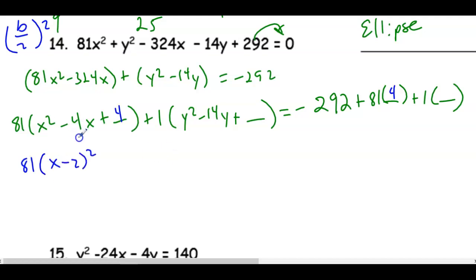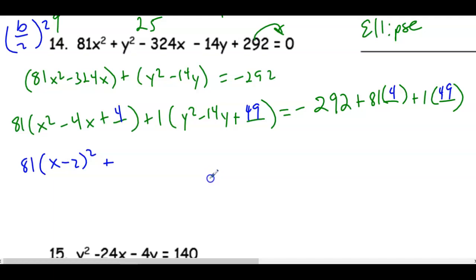Alright, negative 4 divided by 2 is negative 2. Over here, we're going to have y squared minus 14y. Negative 14 divided by 2 is negative 7. Negative 7 squared is 49. Right, like that.